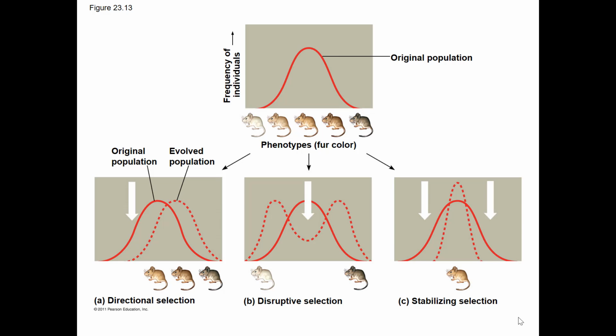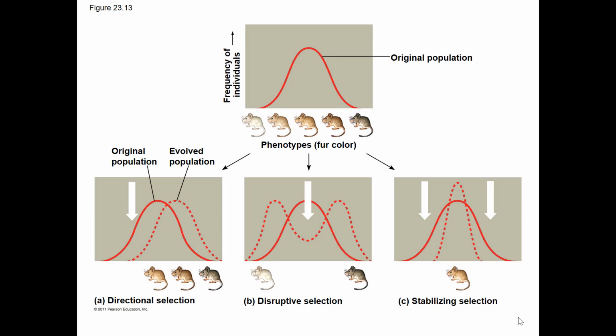Why we call it directional. Balancing or stabilizing. Your average condition isn't changing. A higher proportion of your population now has the average condition. Okay? So your average condition doesn't change, just the proportion of your population with that average condition changes.